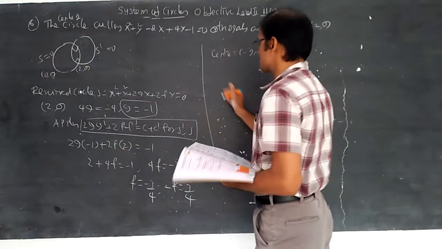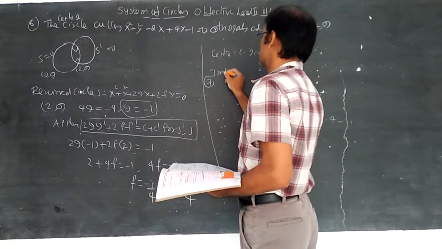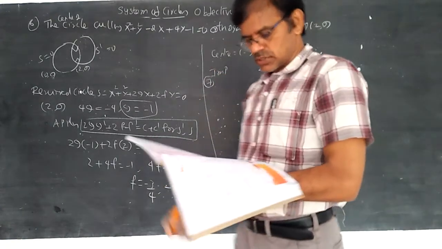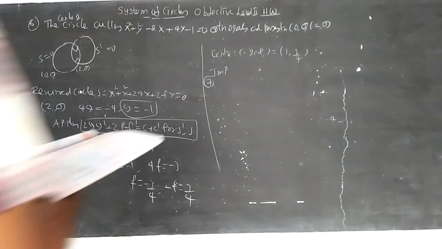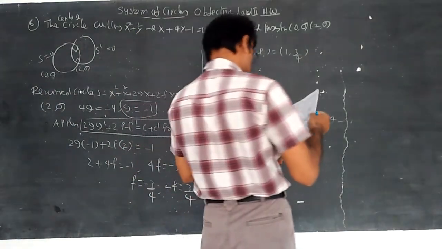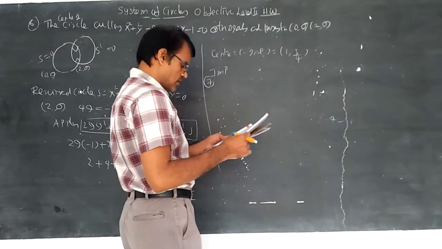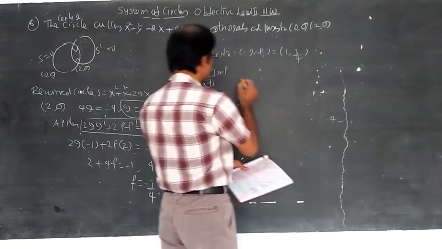Okay. Seventh question. It is an important question, and it is a variety question, that means it depends upon the length of chord. X is equal to 1 is the radical axis of two circles which cut each other orthogonally. Two circles are there.